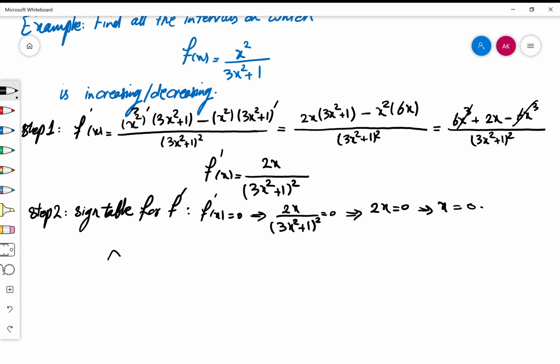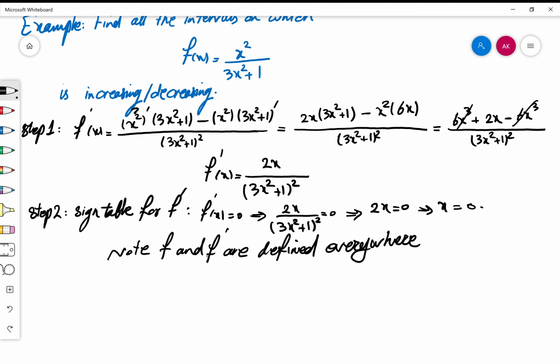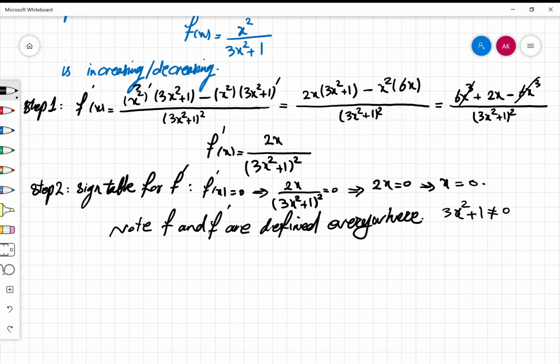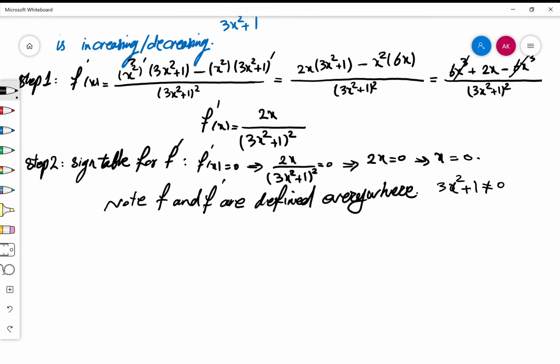And note that f and f prime are defined everywhere. In other words, there is no value of x which makes the denominator 0. 3x squared plus 1 is always non-zero.